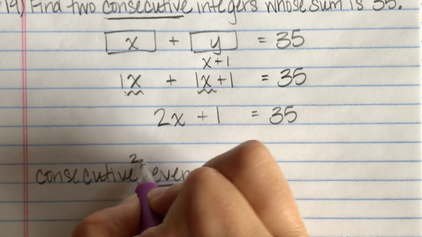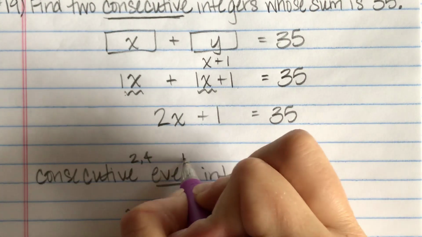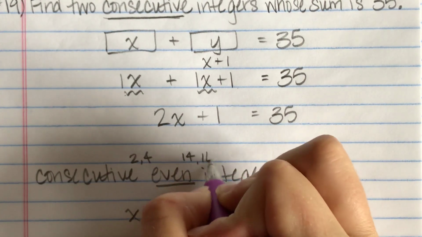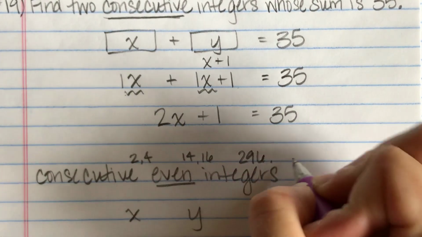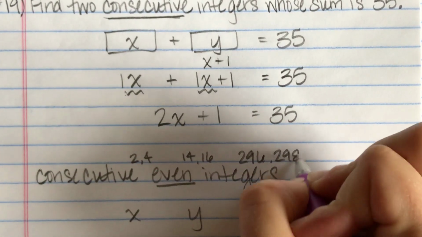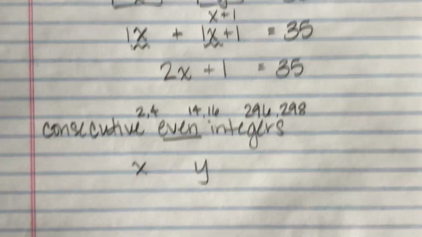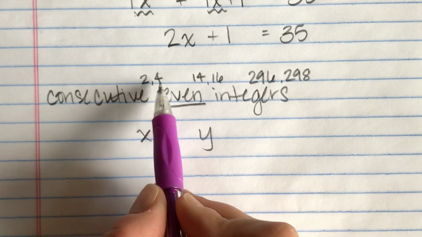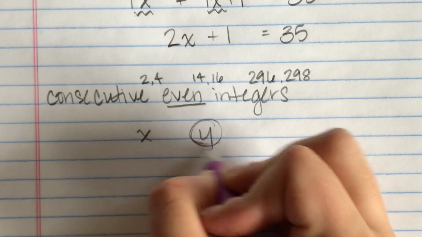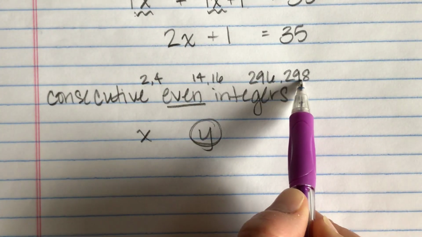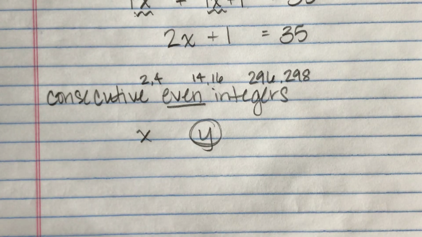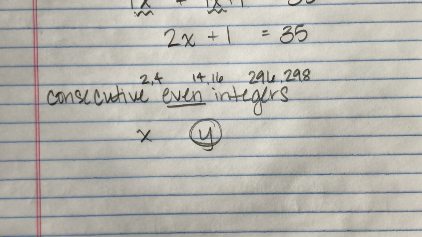We're saying like 2 and 4. 14 and 16, 296 and 298, right? So look at those and see if you can see the pattern between how this second number is related to the first number every single time. Okay, think about that. Let's see who can figure it out, and I'll see you guys on Tuesday.